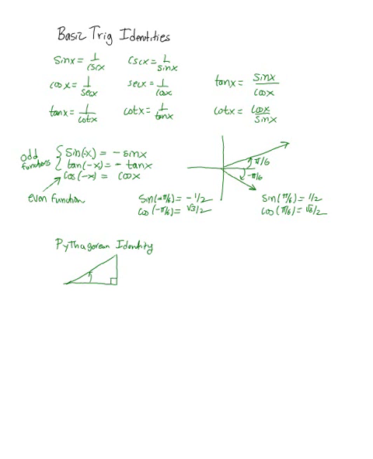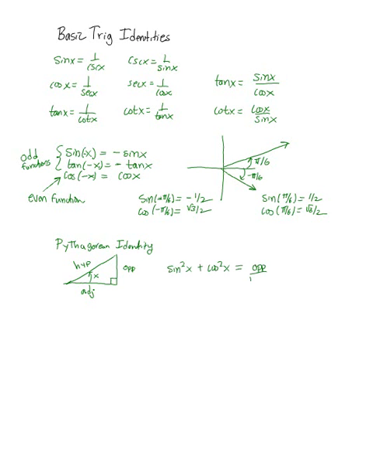And we've got our angle. We're using x for angles in this chapter, I guess, for some reason. And then I'll call this opposite. This is adjacent, and this is hypotenuse. All right, well, what happens when I take sine squared x plus cosine squared x? Well, sine is opposite over hypotenuse.